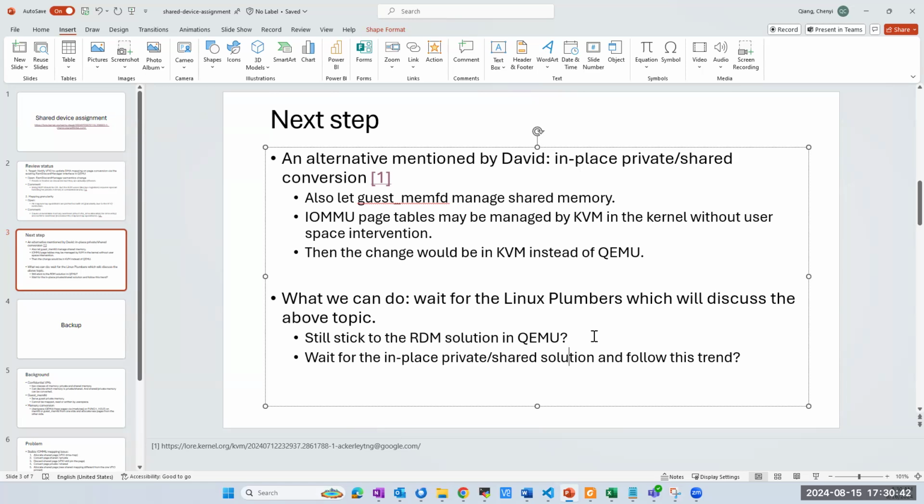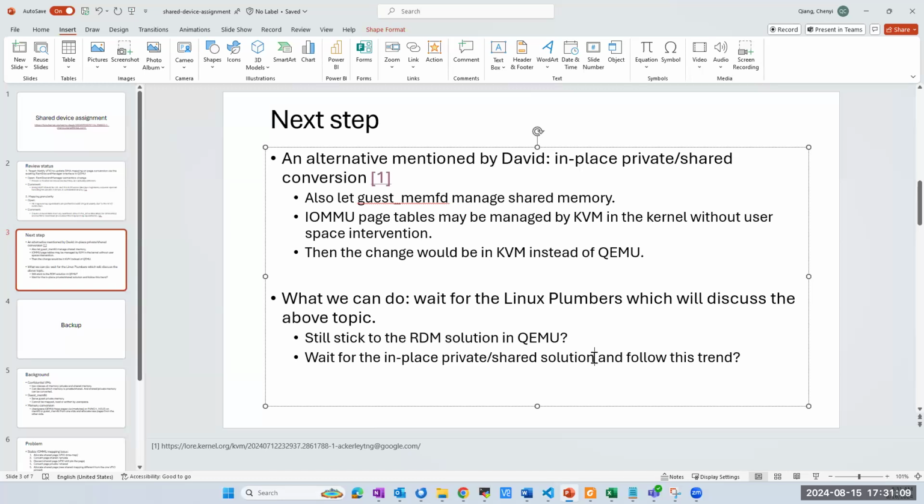I think until we have the KVM decision in hand, the RDM solution is all we have. But I guess your question is whether to continue to push on this, or wait until we get the KVM decision.